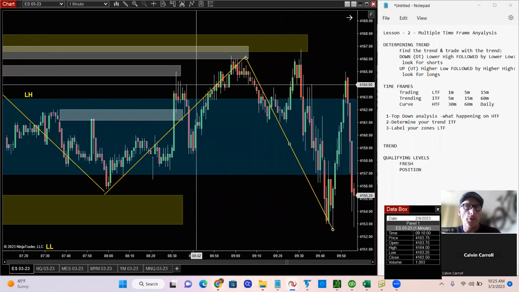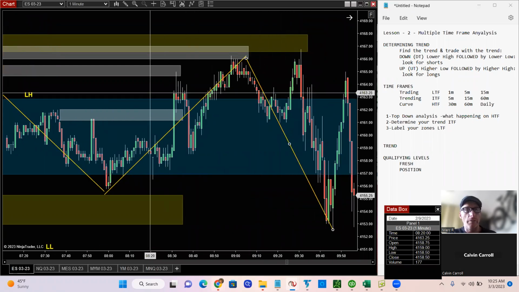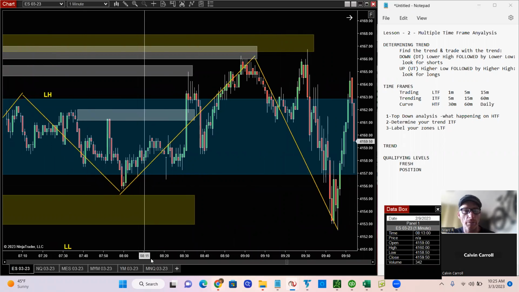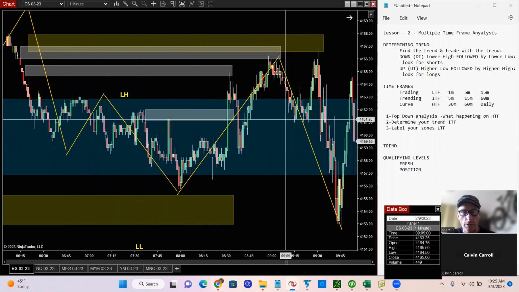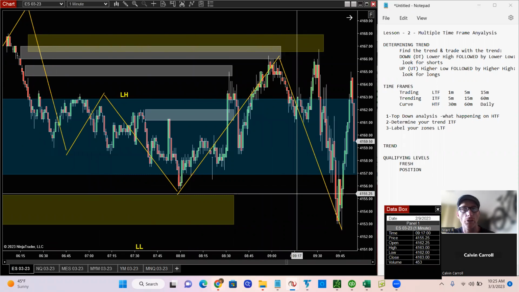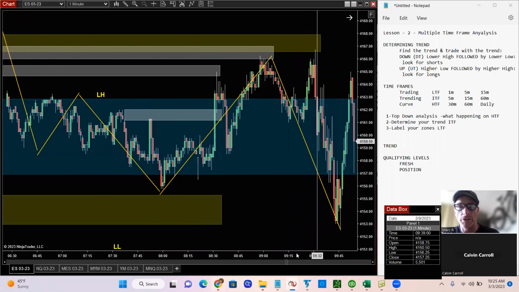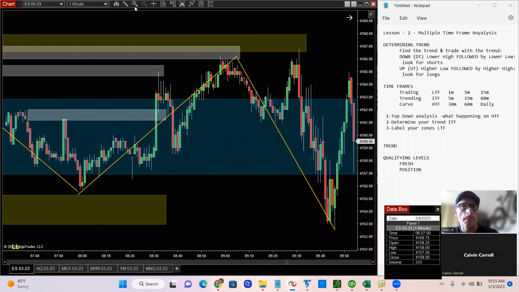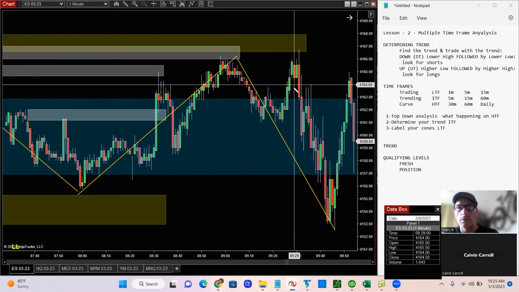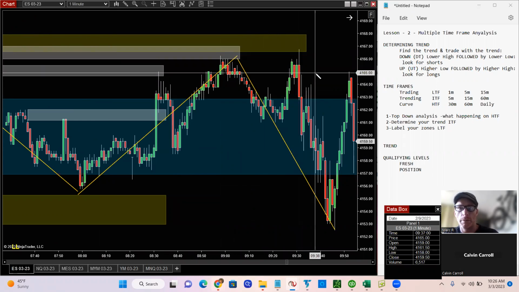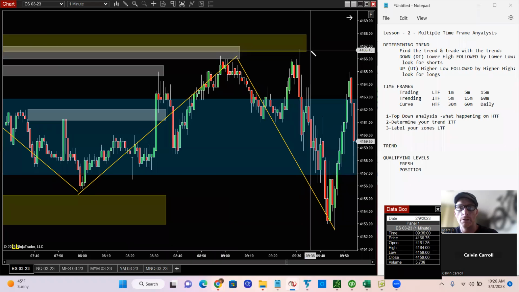You're not in a confirmed uptrend on your 5 minute, even though you broke your 5 minute downtrend temporarily. You're not in a confirmed uptrend, so you can still consider looking for 1 minute levels to be short on. This is a rally, base, and a drop right here.